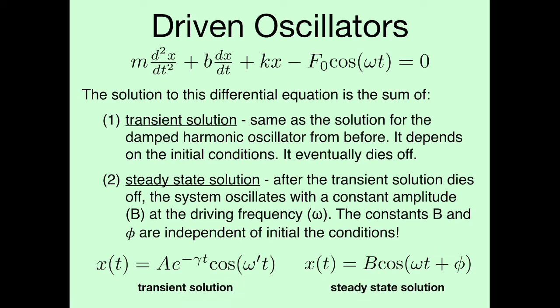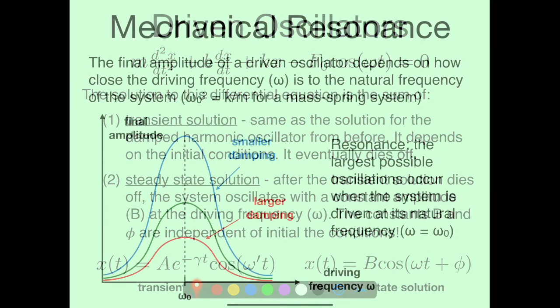It doesn't matter how you start the system off. The transient solution will die off after some amount of time, and you're only going to be left with the steady state solution, which depends on the constants B and phi. These two constants don't depend on the initial conditions. So here's our steady state solution: x of t equals B times cosine of omega t plus phi. Again, we're oscillating at that driving frequency, omega.